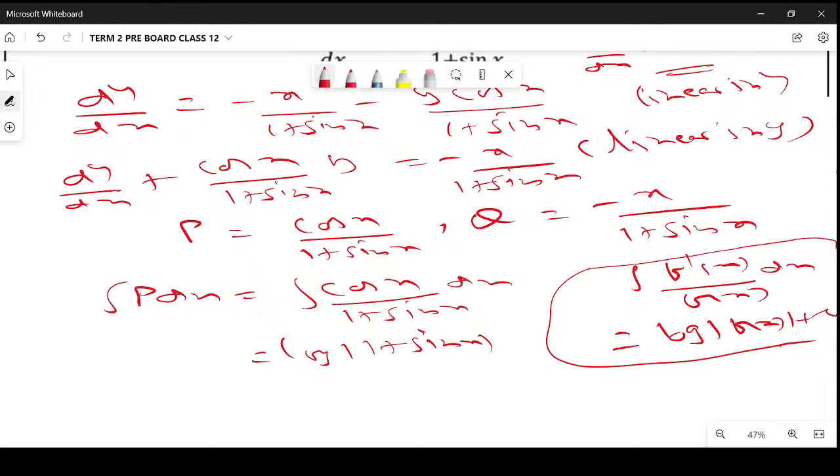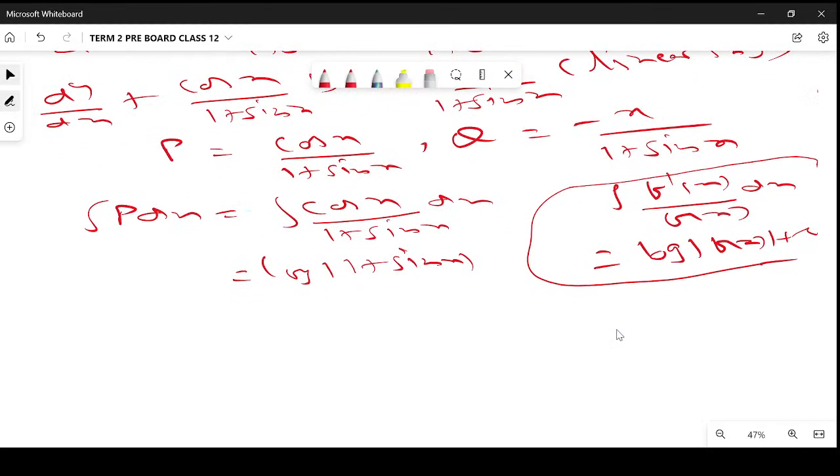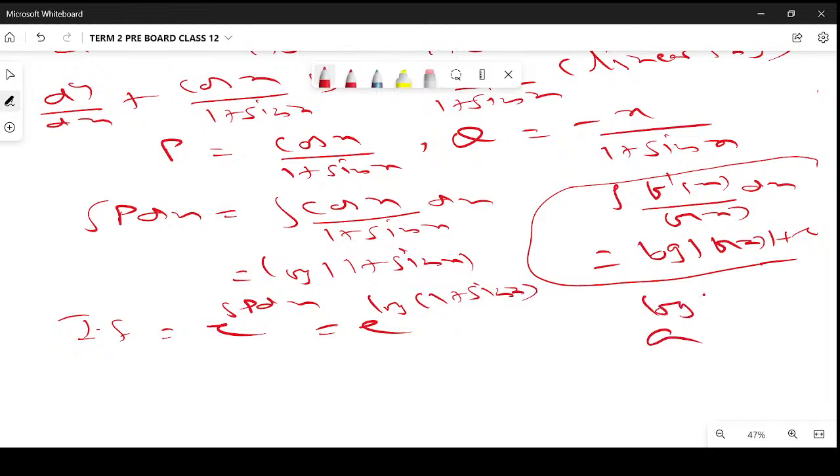Now integrating factor, I can write integrating factor now. IF is e to the power of integral P dx, e to the power of log of 1 plus sin x. But we know one formula, a power log m base a, it will be m. You remember this.